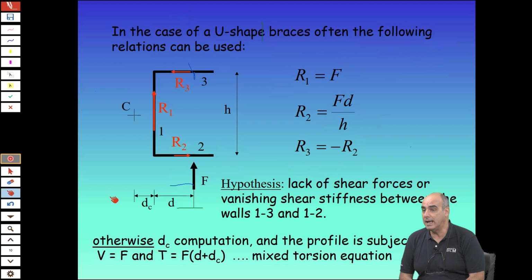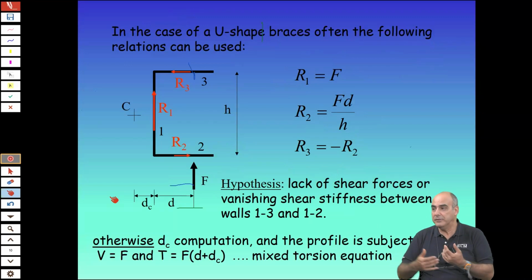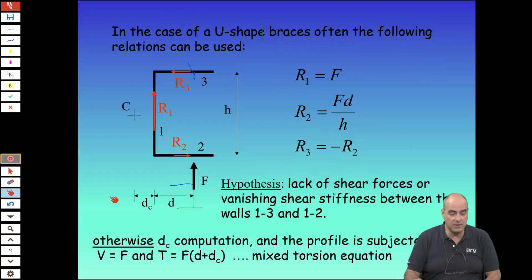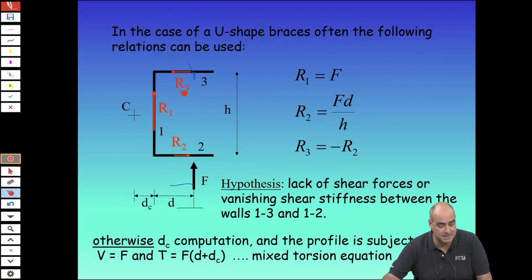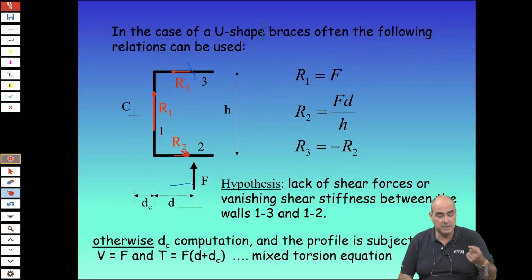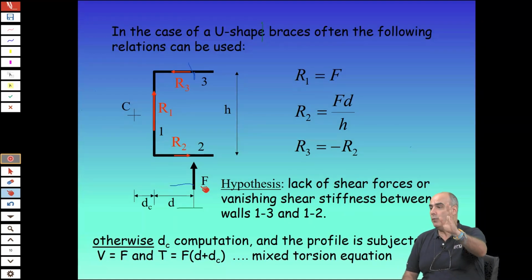This is another example. You can have walls or even different parts of a wall. You can have a C wall. A C cross section provides already some torsional resistance because, as you can see, you have these forces, R3 and R2, that give you the lever arm contribution. But this is also a very interesting example. We have a force F applied in, let's say, the y direction.